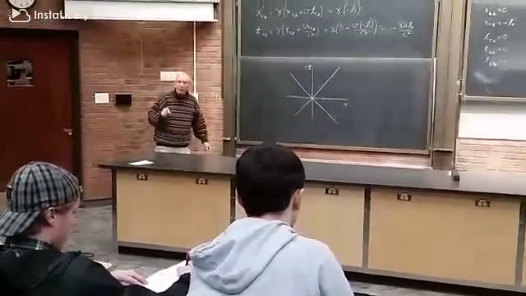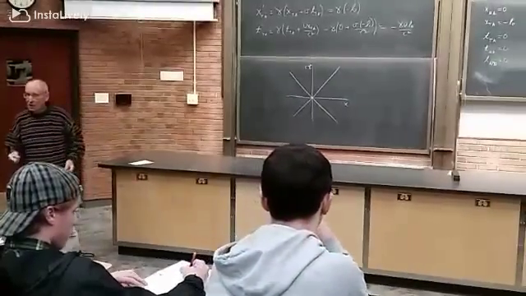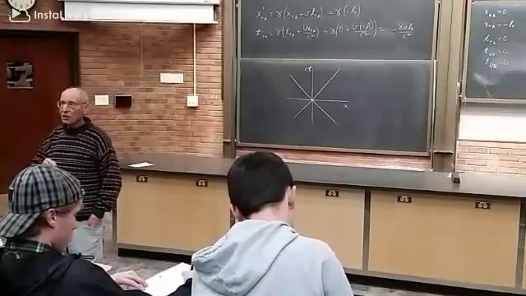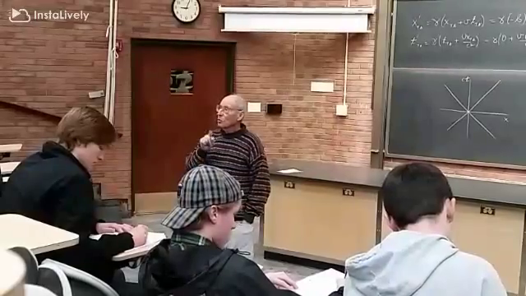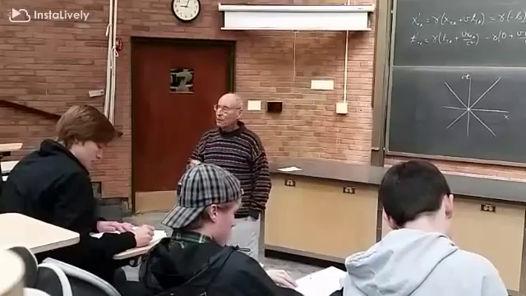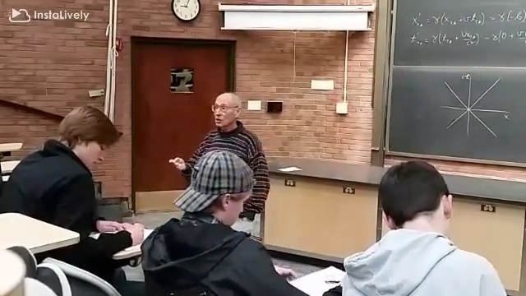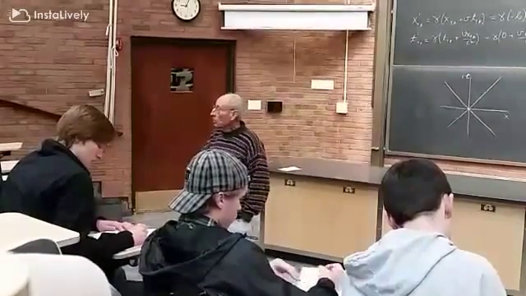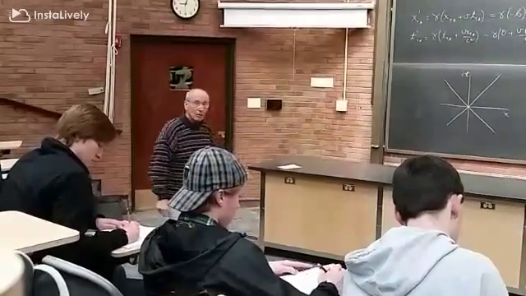Now, material particles, things with mass, we decided could only travel at speed c or less. The reason was that gamma, which involves the square root of 1 minus v squared over c squared, becomes imaginary if v is greater than c. So you couldn't physically have a situation where v was bigger than c. So, if you're always going to travel with speed less than c, what are the possible paths on this diagram?